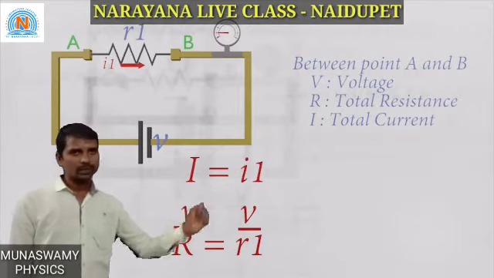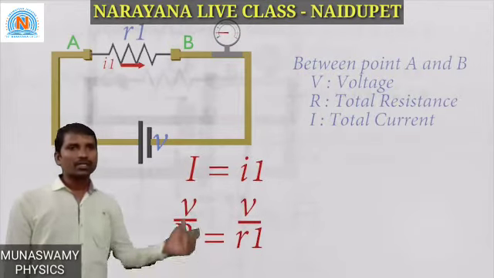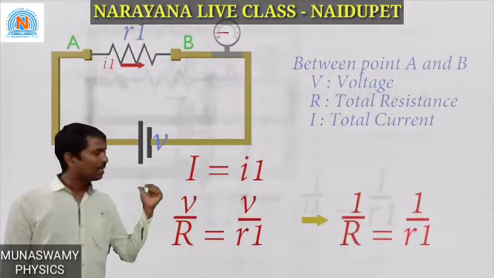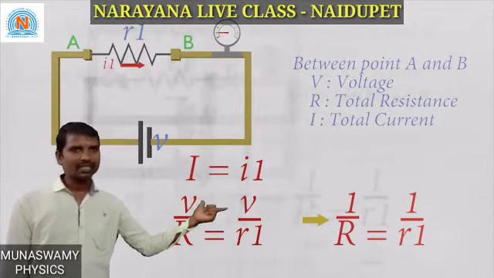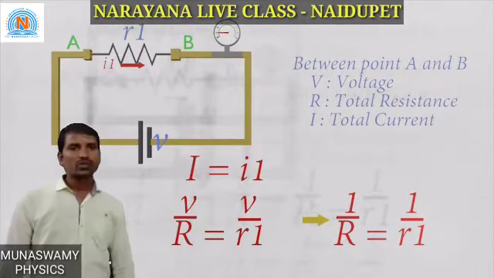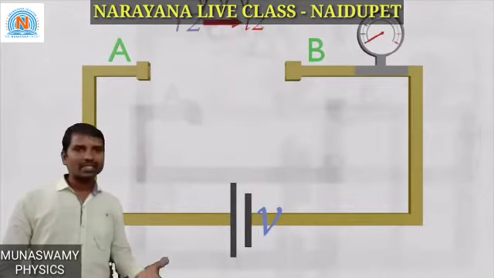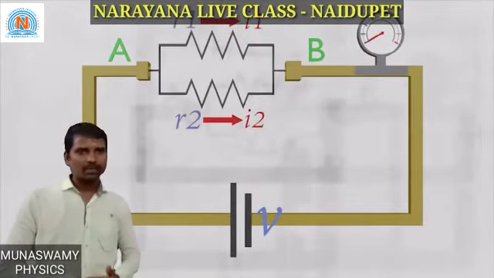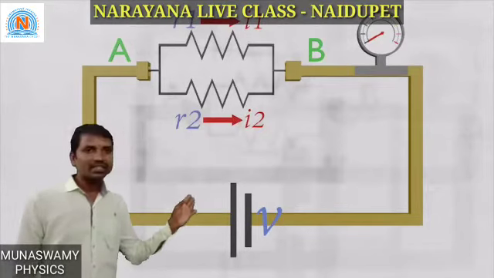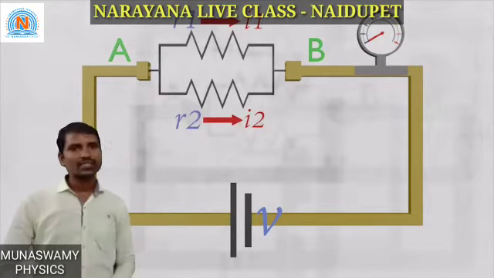So the total current passing through that single resistor is I equal to I1 only. From Ohm's law, I is equal to V by R, that is V by R1. So here the voltage V gets cancelled on both sides.